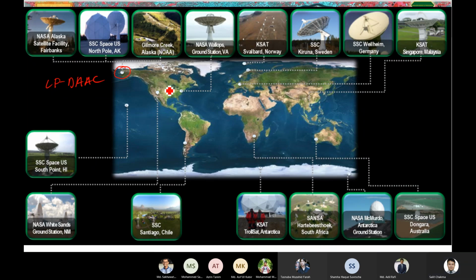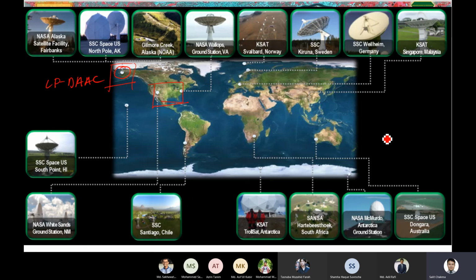And another one is the server of USGS. So this is the control station which is actually processing the data, and we also have these two stations which have the capability of processing the data.